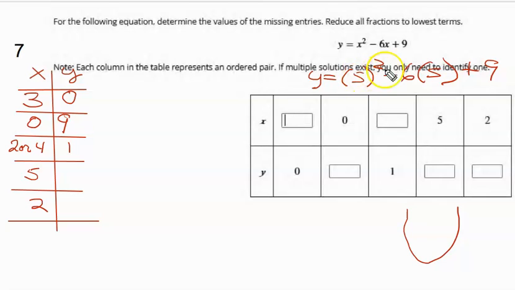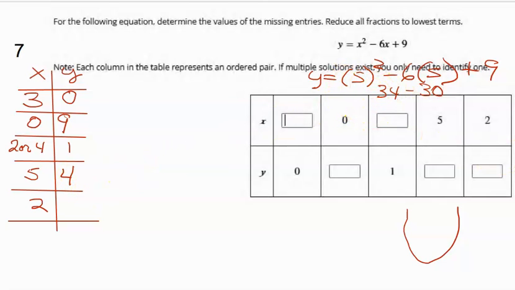Well, this is 25, and 9 is 34 minus 30. We end up with a 4. Once again, this is 25 and 9. This would be 34 minus 30 gives us a 4.